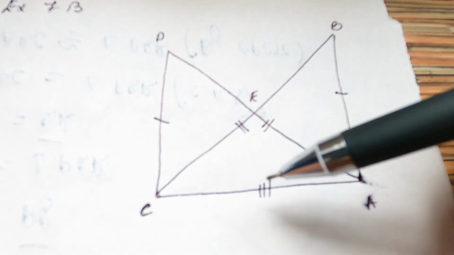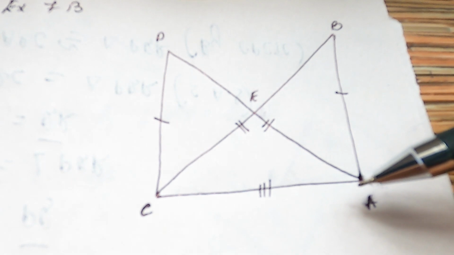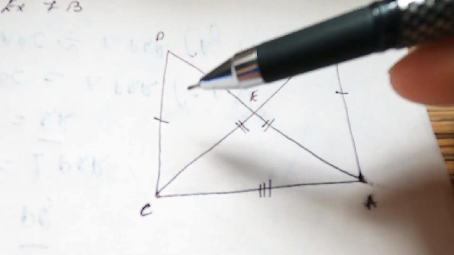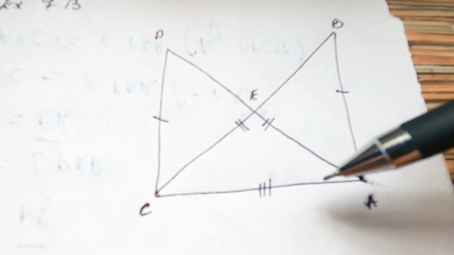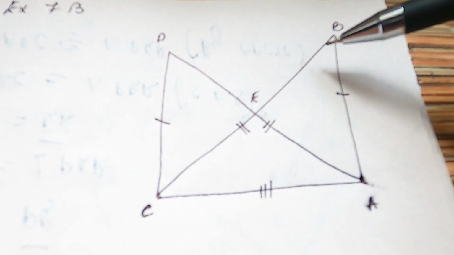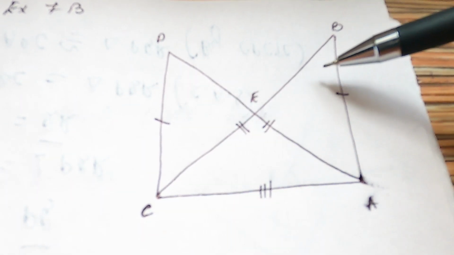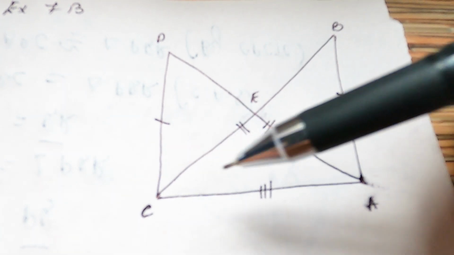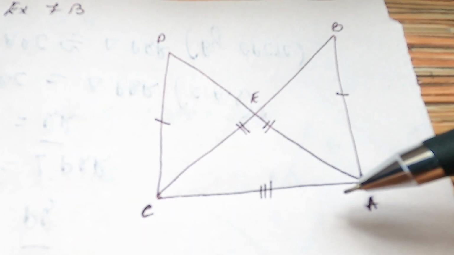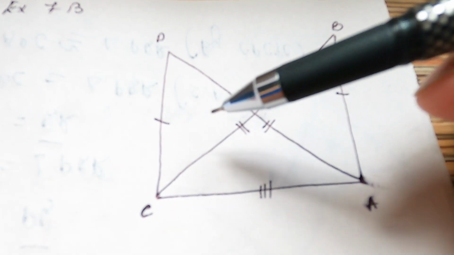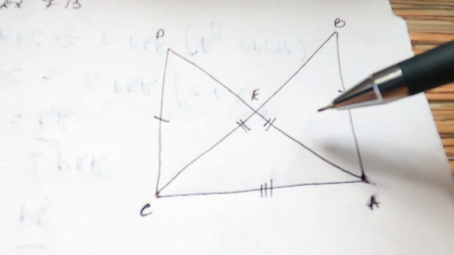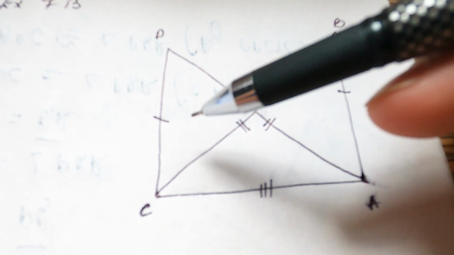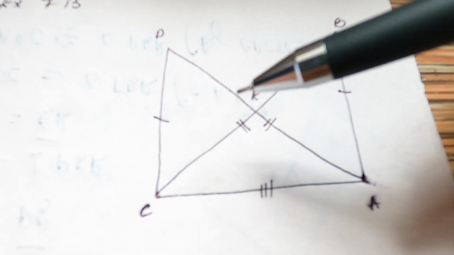So AC will be the common line. Alright, so in this case we have found out the three properties, that is AB is equal to CD, then BC is equal to AD, and AC is equal to AC. Why? Because it is the common line for the two triangles. So in this case the two triangles are congruent by side.